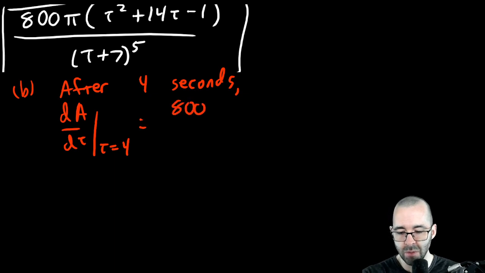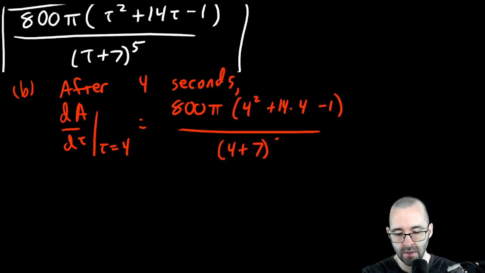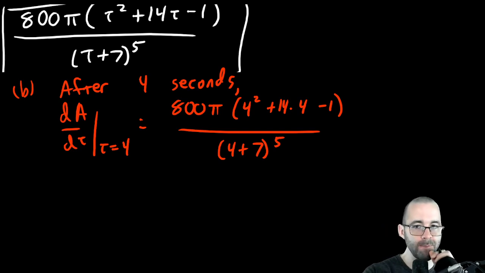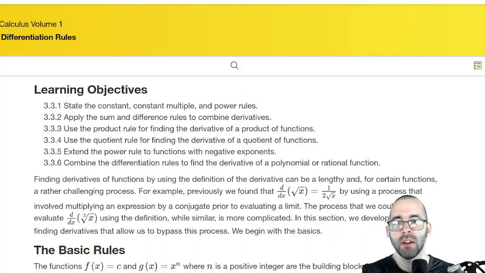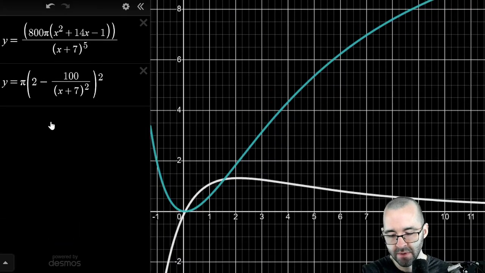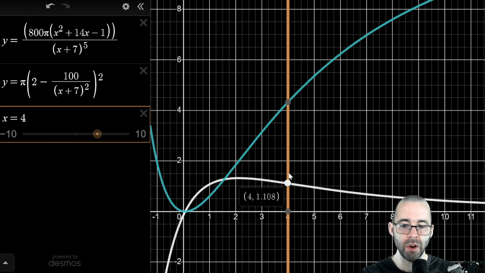It's just what happens when you plug in 4 here. And you can plug that in. Or since we already have the graph, when t equals 4, we can just look. When t equals 4, the area is 4.3, and the rate of change is 1.108.